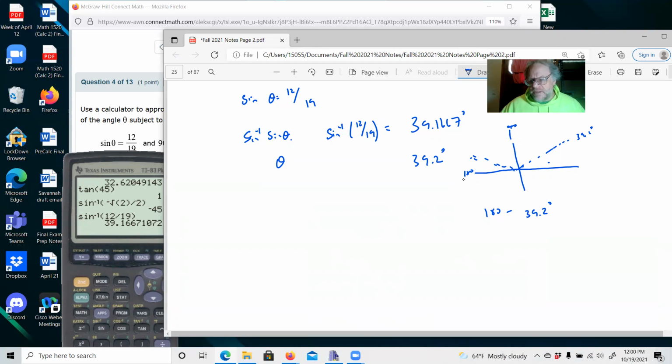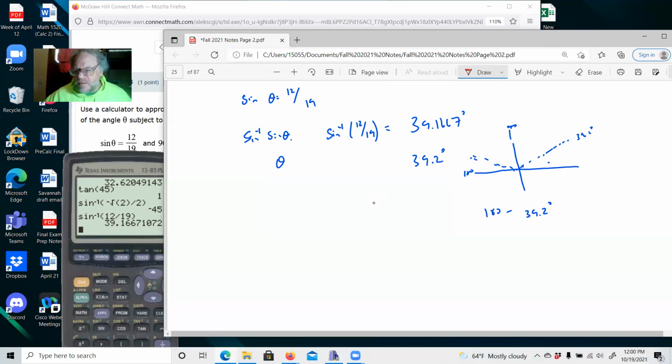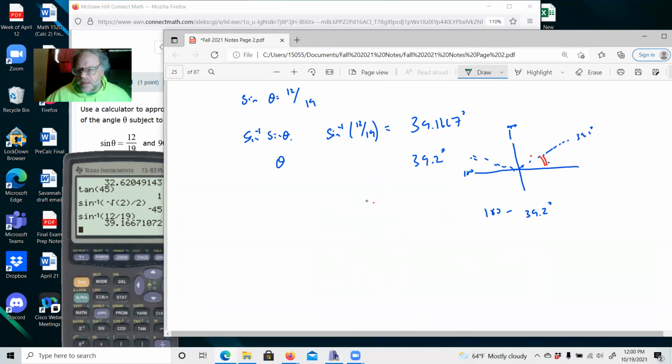Because this angle and that angle, those are supplementary angles. So 180 minus this will give you this one, which we could just rotate and end up with.